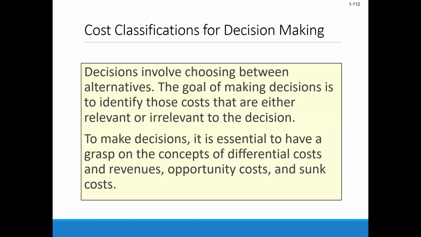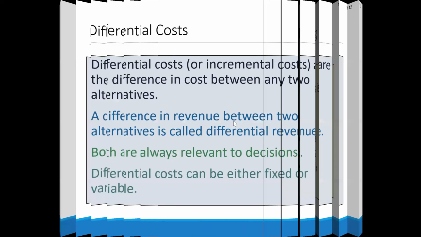To make decisions, we need to have a grasp on various types of costs. Sorry, that problem should have been after this. We need to know the various types of costs: opportunity costs, differential costs, and sunk costs.